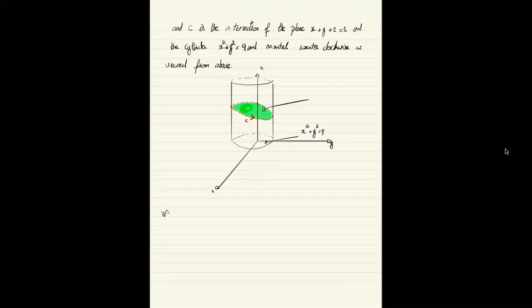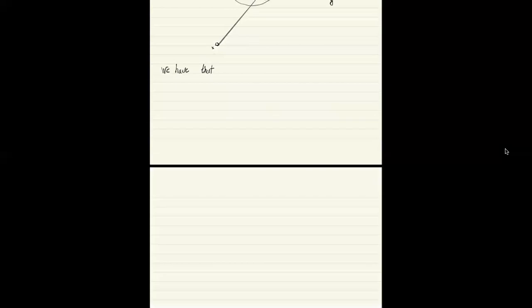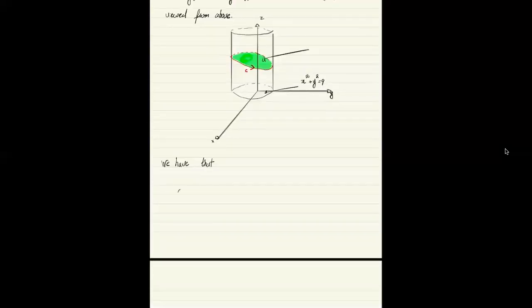So first we have the curl of F, which is the determinant with i, j, k, del x, del y, del z.